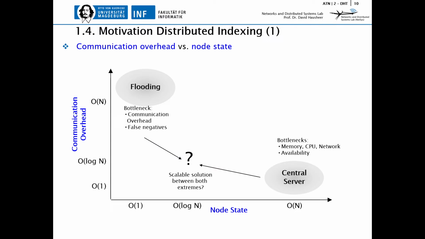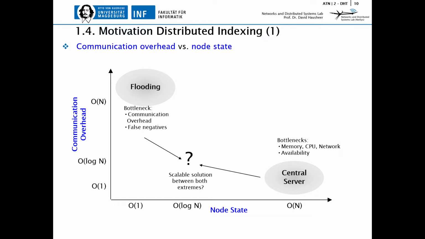Now, we have seen two extreme approaches: the central server-based approach, where the node state increases in O of n, n being the number of nodes in the network, whereas at the same time the communication overhead is constant. That means you only need to contact this central server in one hop.